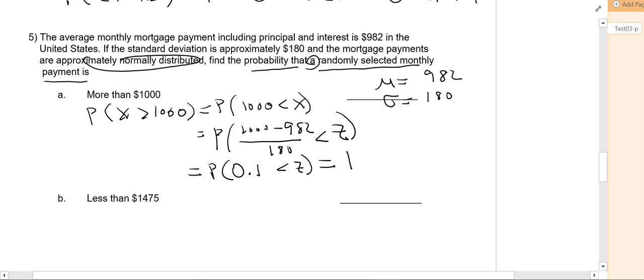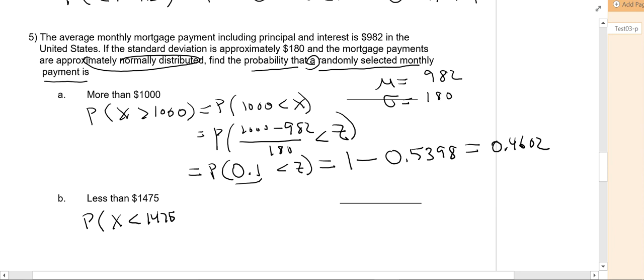This is the scenario where I'm opposite to the table. So whatever the table gives me, I'm going to be subtracting from 1. I'll look up 0.1 in the table and I get 0.5398. When you do your math, that is equal to 0.4602.